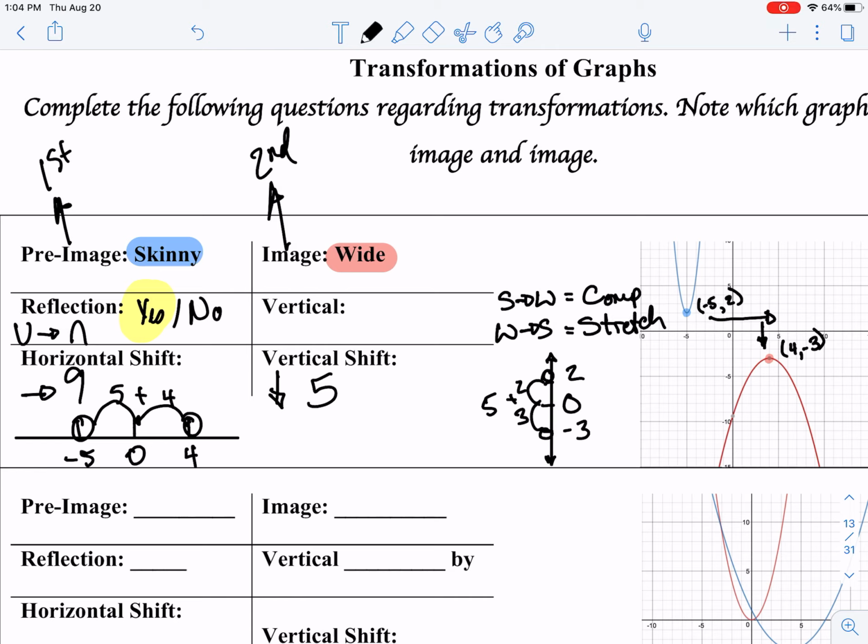The only way I remember this, and the tip I can give you, is that if it ends with an S, then it's a stretch. Okay, so skinny to wide, compression; wide to skinny, stretch. So I went from skinny to wide, therefore it is a vertical compression.